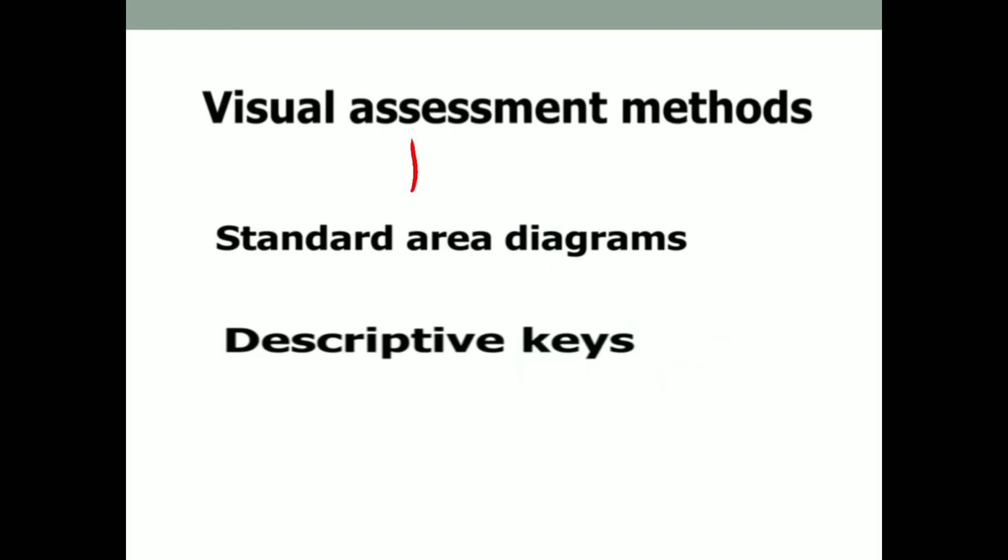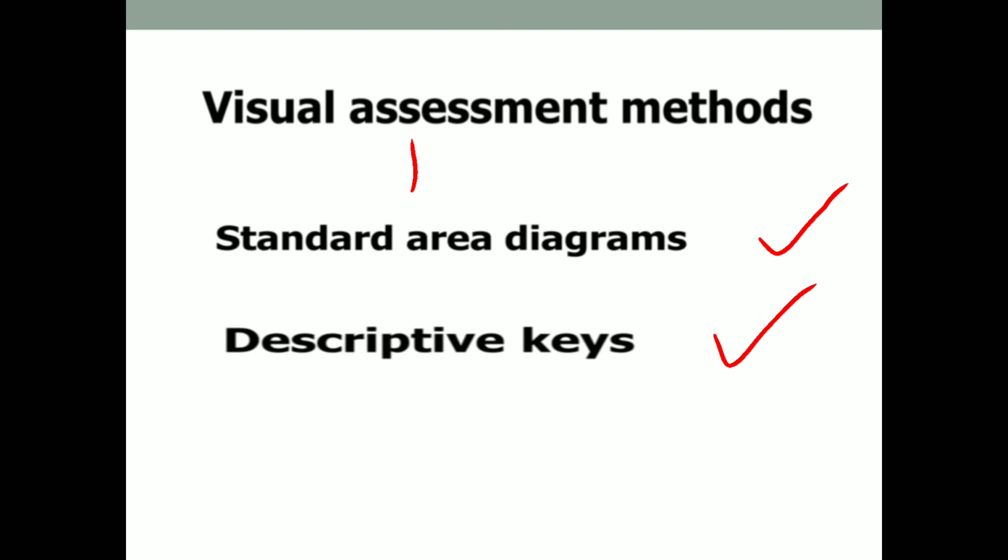For calculation of plant disease intensity, we have to use different visual assessment methods. In that case, we use two methods, that is standard area diagram and descriptive keys for the assessment of plant disease intensity.